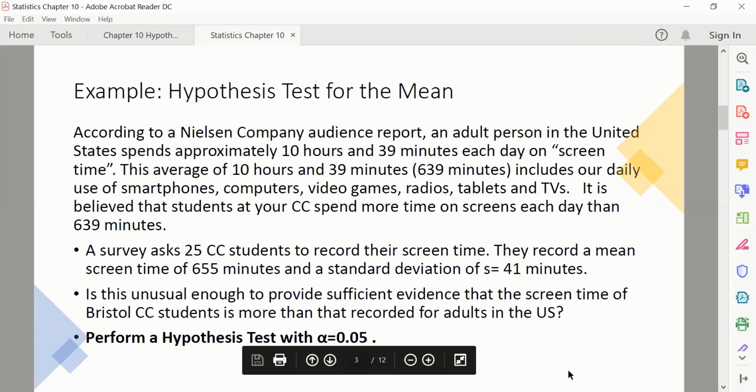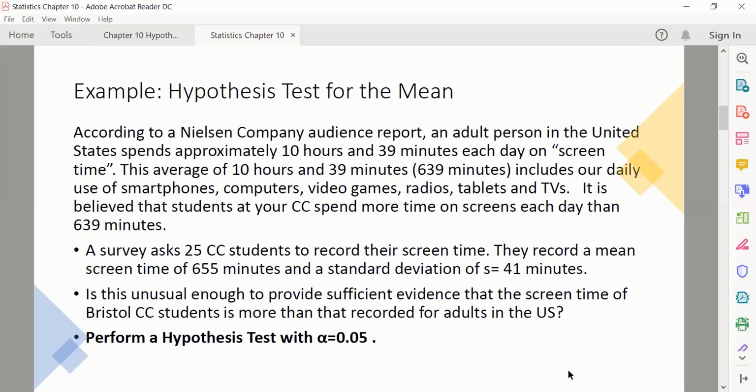So let's go back to our example from last time, the hypothesis test for the mean. According to a Nielsen Company audience report, an adult person in the US spends approximately 10 hours and 39 minutes each day on screen time. This average of 10 hours and 39 minutes, or 639 minutes, includes our daily use of smartphones, computers, video games, radios, tablets, and TVs. It's believed that students at your community college spend more time on screens each day than 639 minutes.